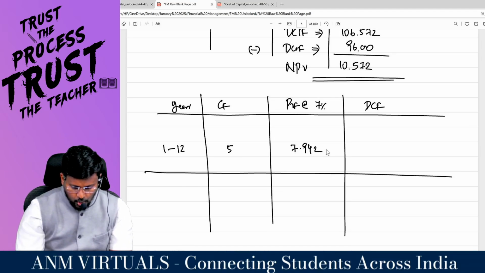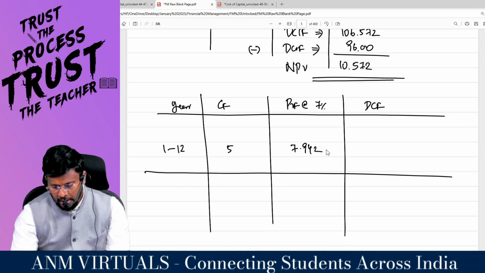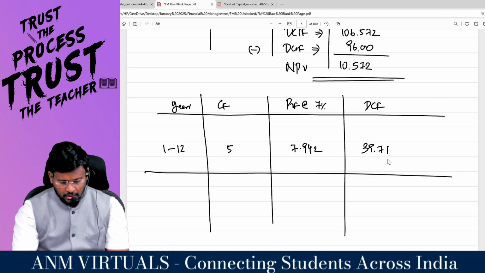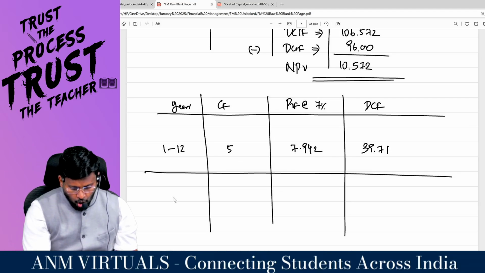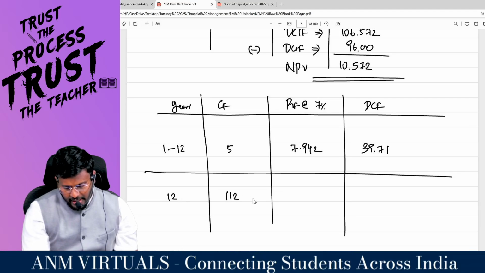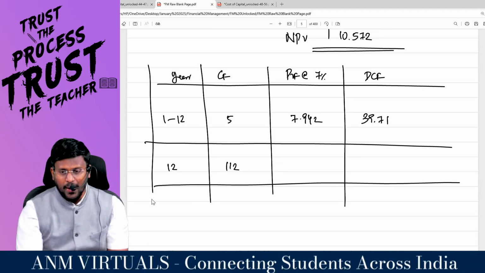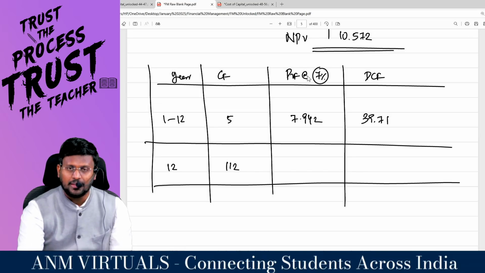So 5 into 7.942 comes to 39.71. Am I right with the calculation? On the 12th year, I will be getting 112. You tell me what the present value factor at 7% is for the 12th year.